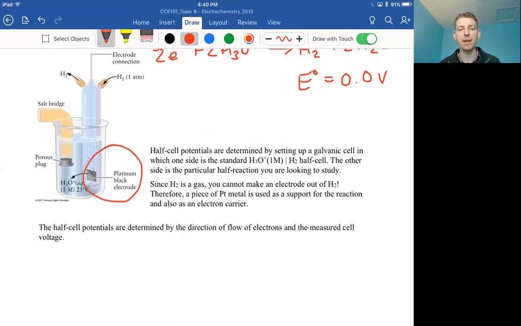It has to have a place to happen. So what we do there is just use the platinum electrode as a surface on which this thing can occur. And we tend to write that down as just acknowledging the platinum is in the room, even though it's not participating as a reductant or an oxidant, okay?